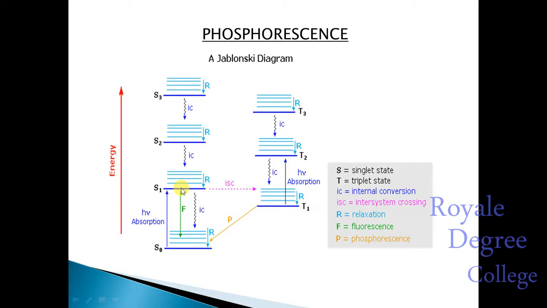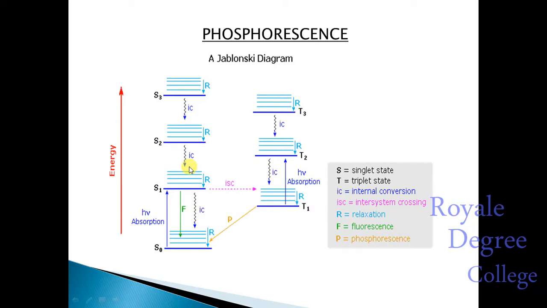Then from each state, it comes back to the original level. Here it is mentioned that from S3 to S2 is internal conversion, and from S2 it moves towards S1, again mentioned as internal conversion.